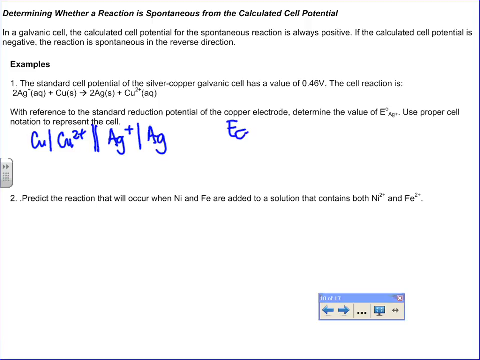We know that E cell is the reduction potential at the cathode minus the reduction potential at the anode. In this case, it tells us that the cell potential is 0.46, and we know that the cathode is silver.